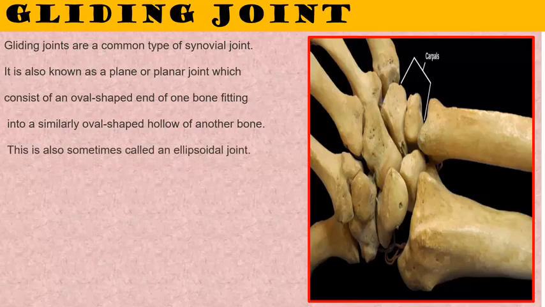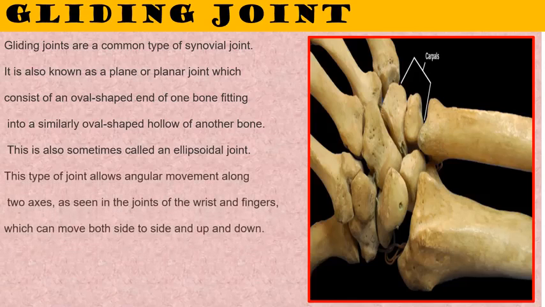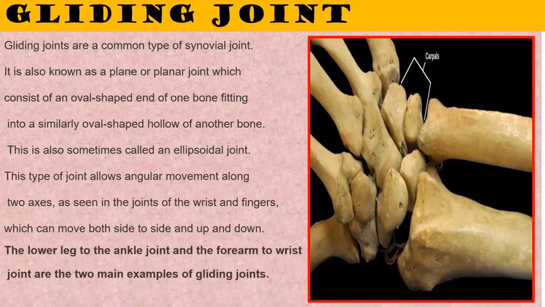This is also sometimes called an ellipsoidal joint. This type of joint allows angular movement along two axes, as seen in the joints of the wrist and fingers, which can move both side to side and up and down. The lower leg to the ankle joint and the forearm to wrist joint are the two main examples of the gliding joint.